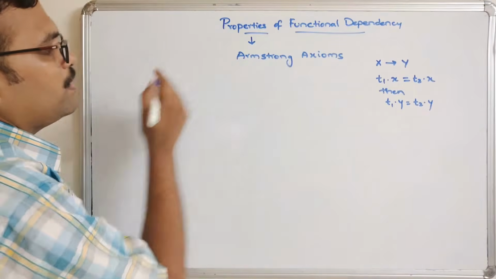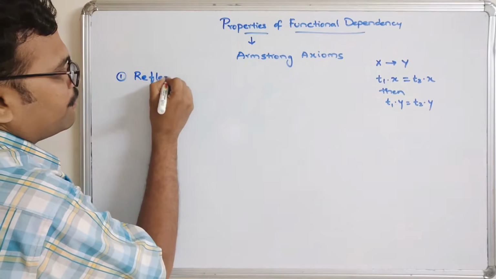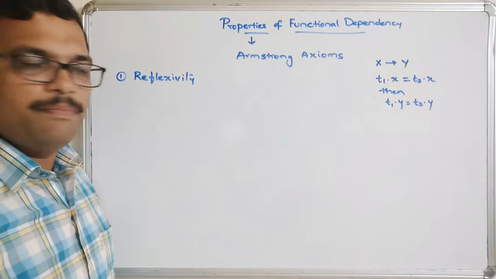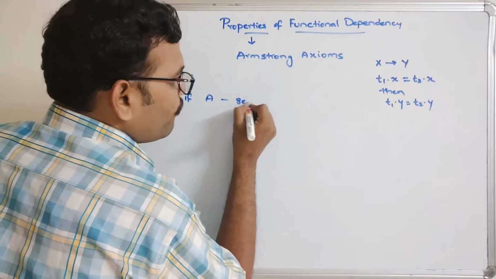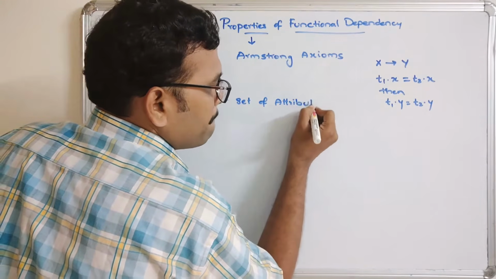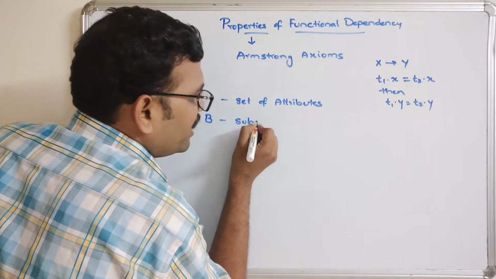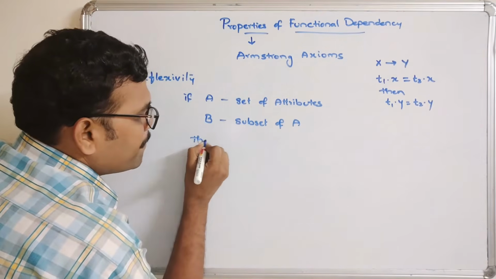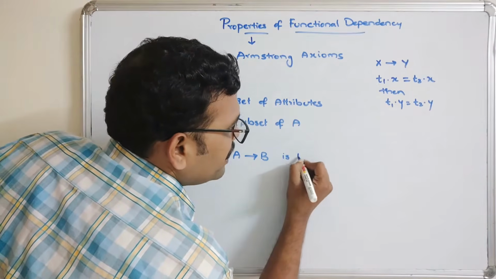Now the first property is reflexivity. This reflexivity property means if A is a set of attributes and B is a subset of A, then A tends to B is functionally dependent.